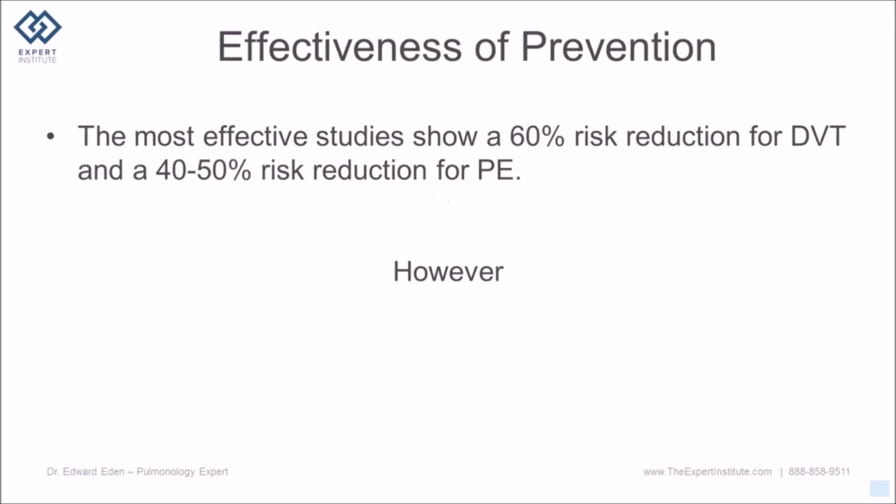Next slide, please. Prophylaxis is effective to a greater or lesser degree for the prevention of DVT and risk reduction for pulmonary embolus. Remember that prevention is not 100%. However, next slide, please.